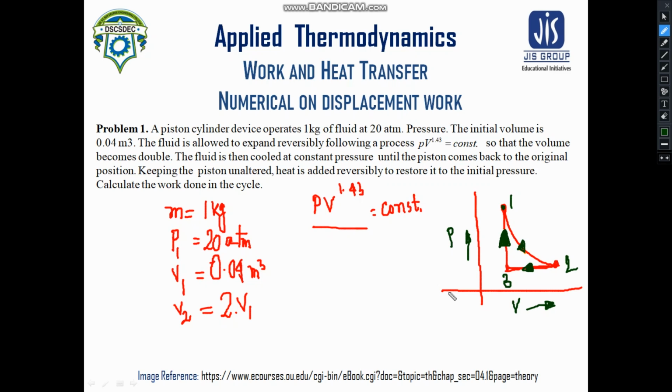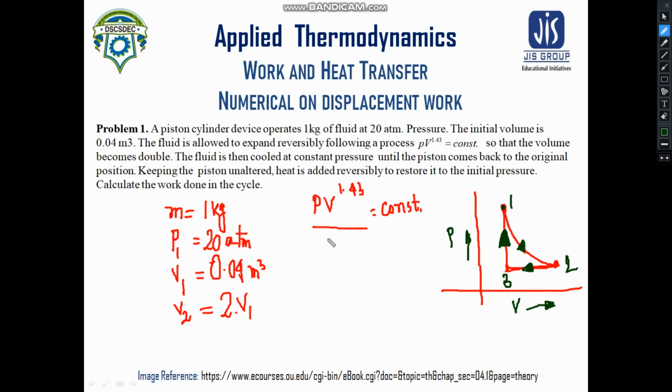So these two tasks have been given to us, and when we have found the work done by the first process, process 1 to 2, and the second one, process 2 to 3, we need to sum them up so that we can calculate the total work done. Now let us start with the first process.